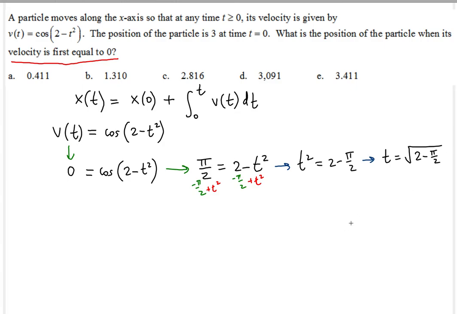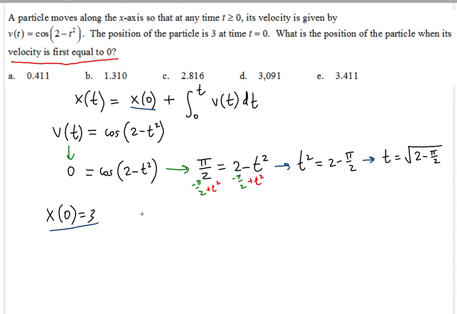Beautiful. Now that we found the t value, we can plug this into the upper limit of the integral and find the position at that t value. We know that x of 0 is equal to 3, so we substitute this part with 3.